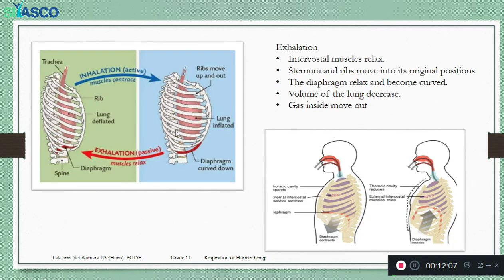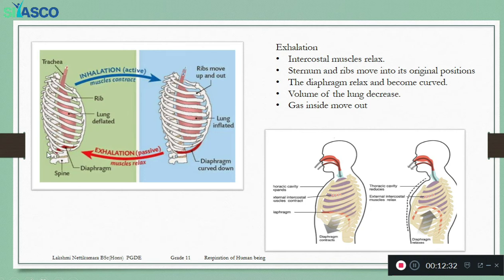Now let's see what will happen in exhalation, or breathing out. Intercostal muscles now relax, and come down to the earlier position. Sternum and ribs move into their original position. Now the sternum comes downward to its original position. Earlier it went up. This is the sternum. It went upward and increased the volume.